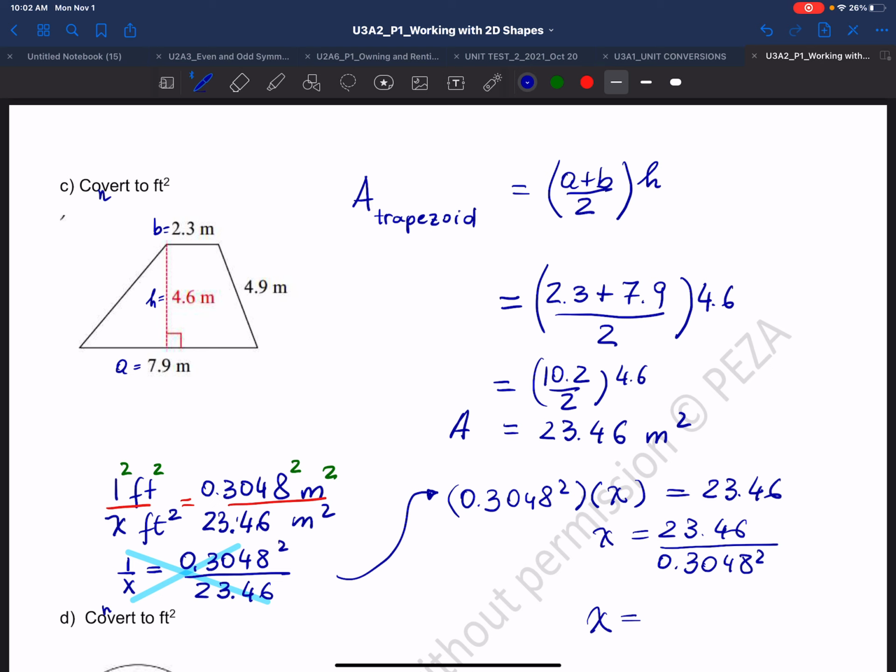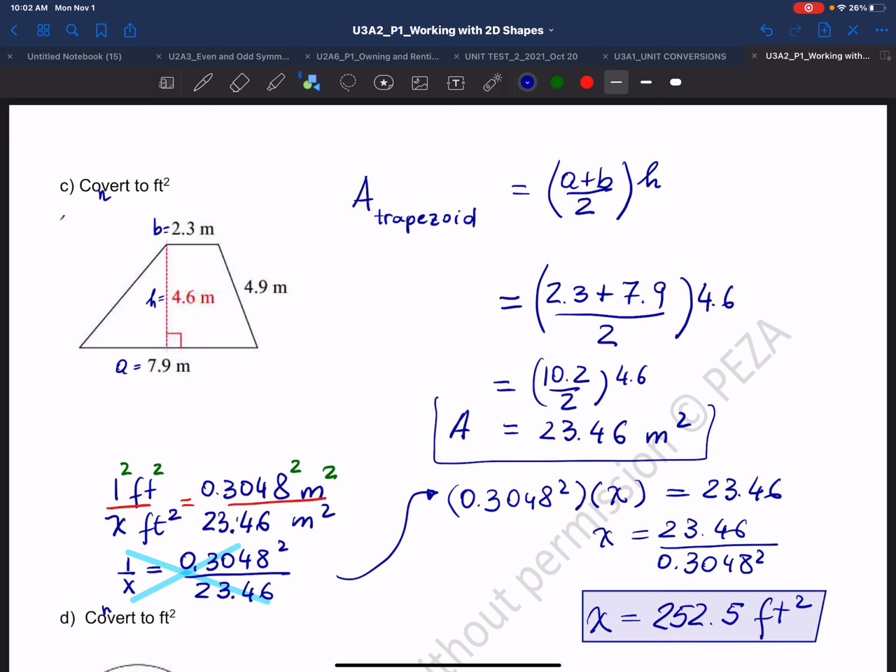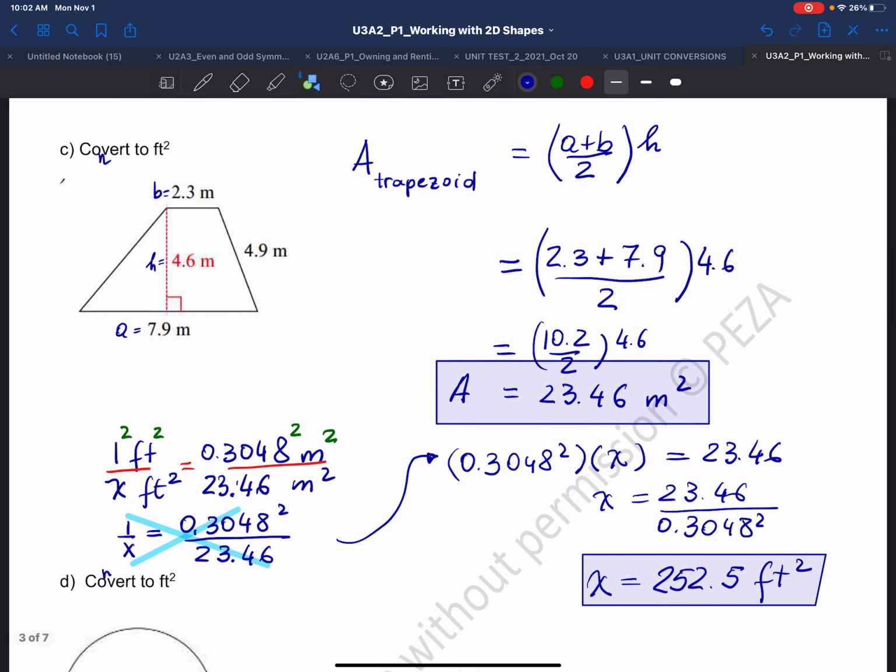So 23.46 divided by 0.3048 to the power of 2 is 252.50. And that will be in feet squared. And that's the answer. That's the area of a trapezoid in feet squared. And here is the area in meters squared.